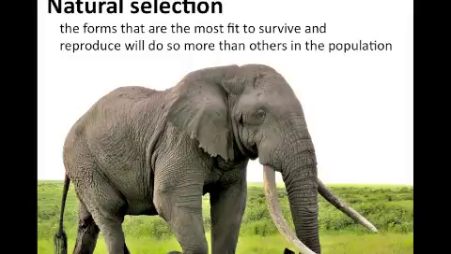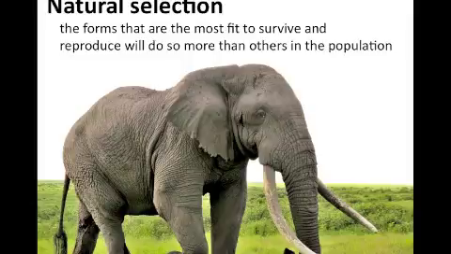And there are lots of different ways that a creature can be adaptively fit to its environment. For some creatures, it might be being big. For some, it's being small. For some, it's being bright colored. For some, it's being camouflaged. Every different organism has its own way of being fit according to the environment that it lives in.